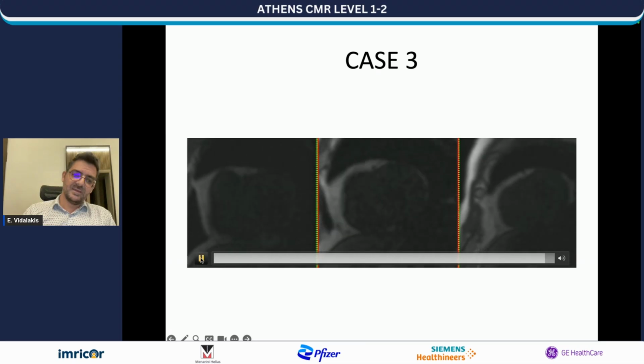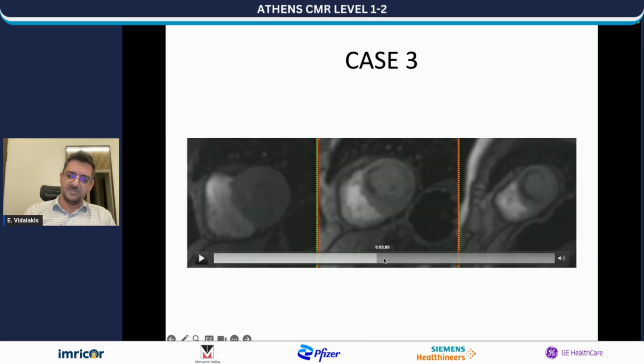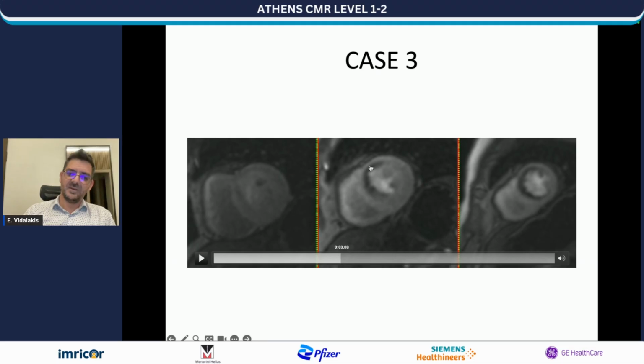And here, if I stop about here, you can see that the gadolinium doesn't go to this segment, which is the mid interventricular septum and apical interventricular septum, the mid anterior and apical anterior wall.